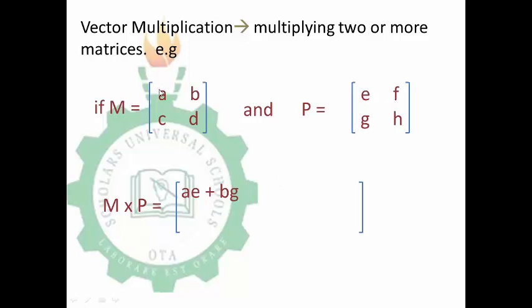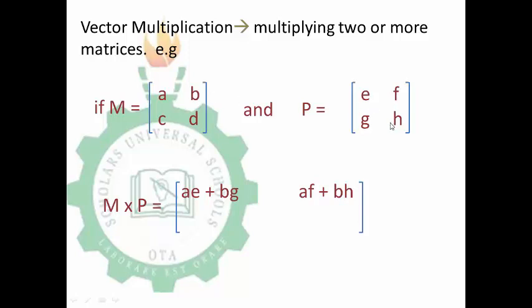We'll also use this to get what should be here. It means that A will multiply F and B will also multiply H. This A multiplied by F, B multiplied by H.